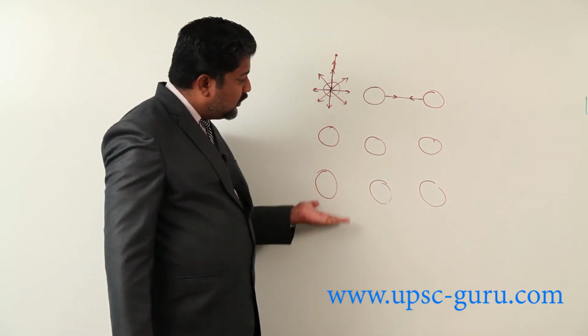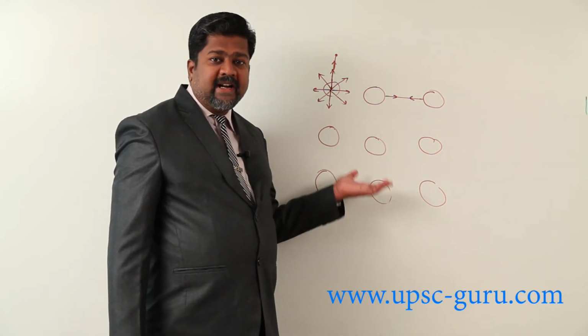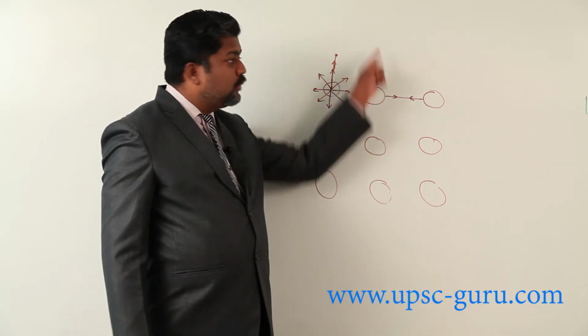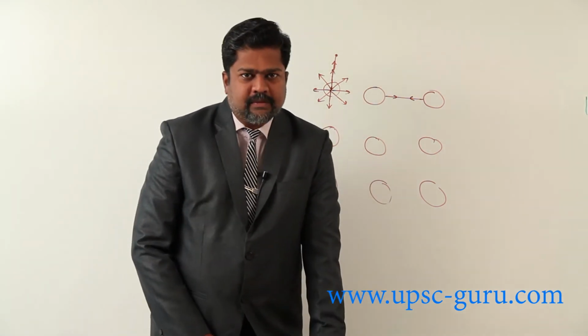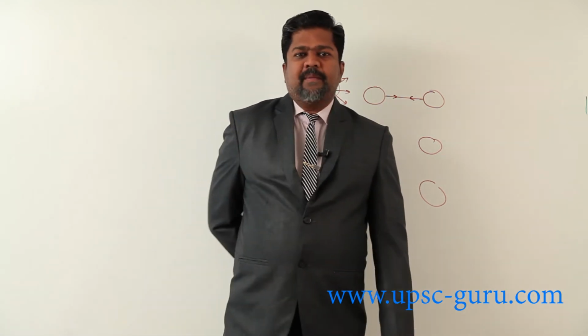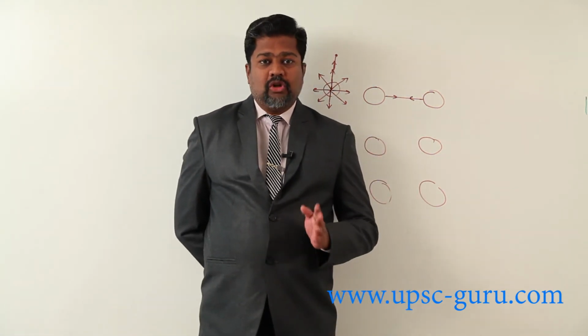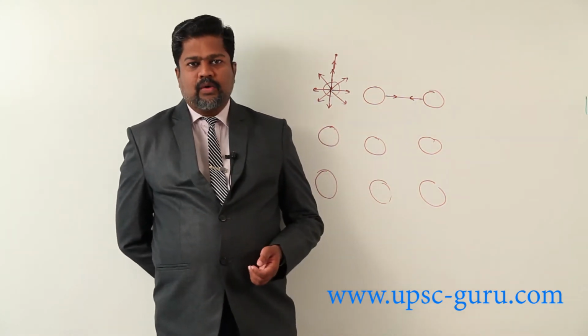If I am heating, this is the solid state structure. If I heat to a very great extent, what will happen? The amplitude will increase. As a result, I get shorter wave radiation, which may be possible even in the visible range. You may observe an iron piece heated.